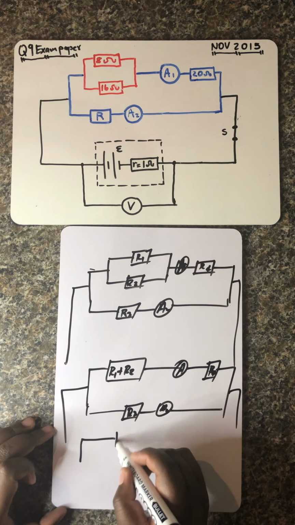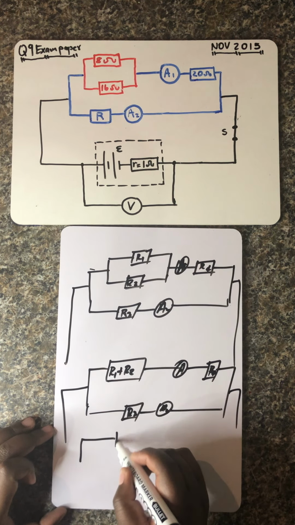If you've got the voltage across the 2 ohms resistor, just know that that same voltage is the same voltage across the 14 ohms resistor. Okay, so that means a V connected across the 2 ohms is the same as V connected across that other resistor.